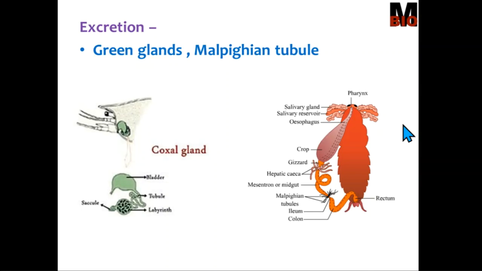In the case of terrestrial organisms coming under phylum Arthropoda, they possess Malpighian tubules for excretion. Malpighian tubules are a network of tubular structures associated with the gut of terrestrial arthropods such as insects.